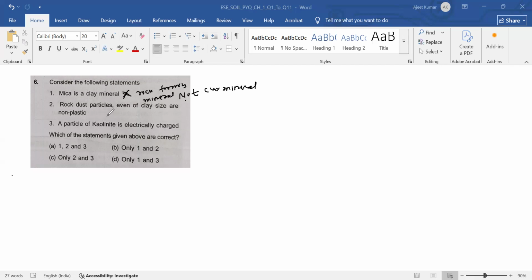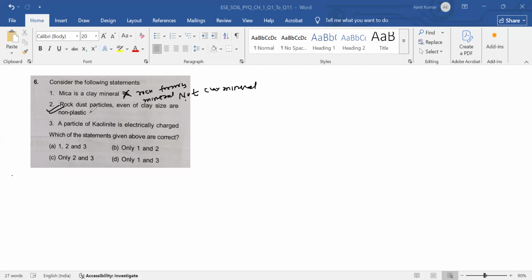Rock dust particles, even of clay size, are non-plastic. Yes, this statement is correct because plasticity depends on the chemical composition of minerals. So rock dust, even if its size becomes less than clay, will remain non-plastic.